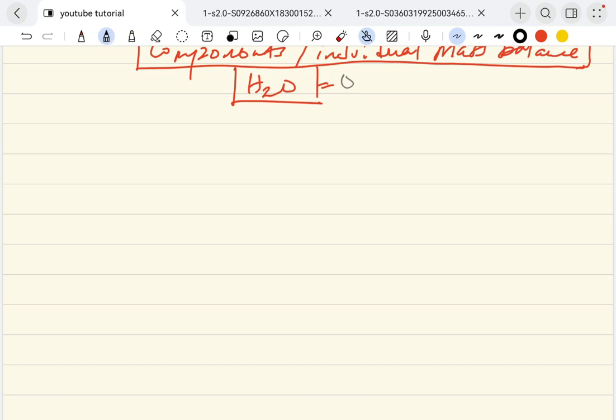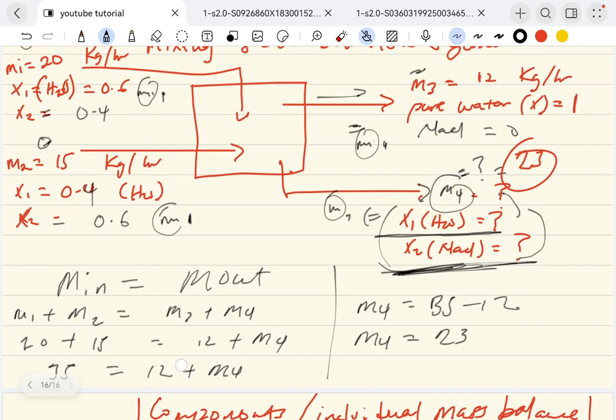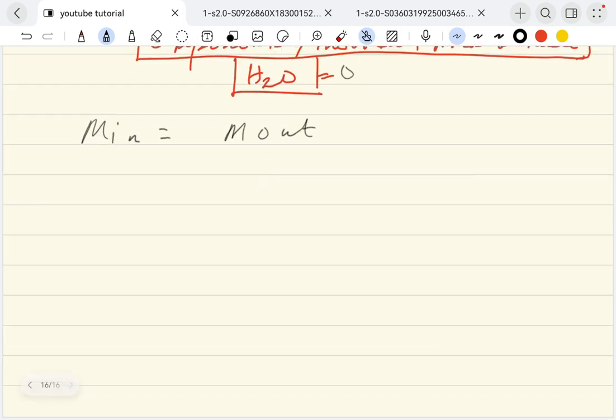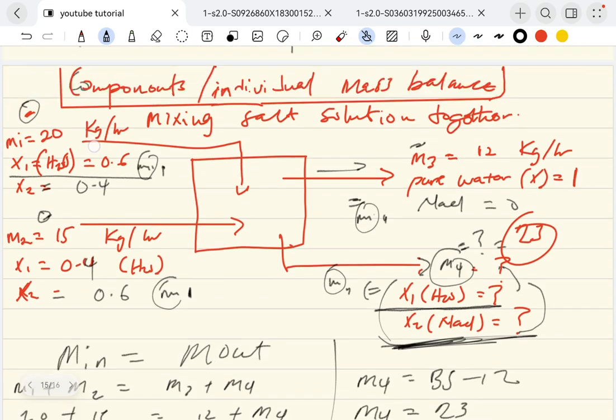As we know, our M in is equal to M out, and we will start with water. So it will be Mi water, and Mi is simply xi multiplied by total mass. So it's M1, which is the total mass, multiplied by the fraction of water from stream 1.